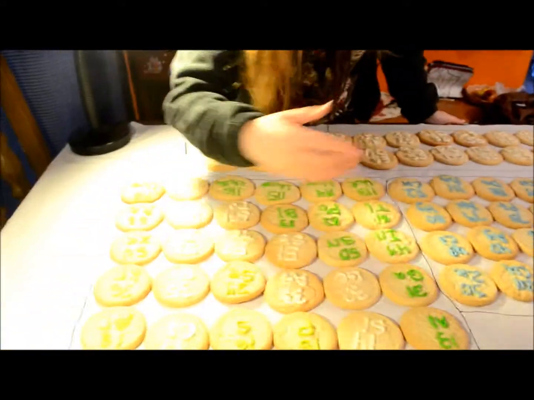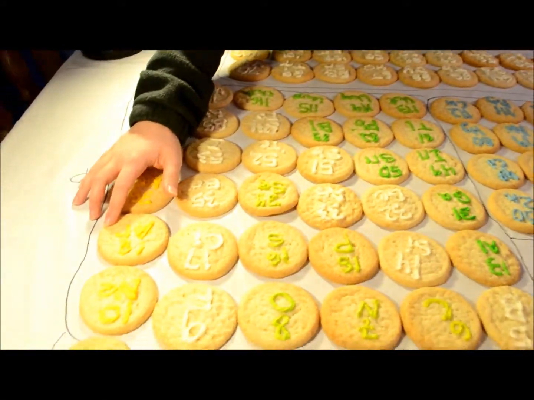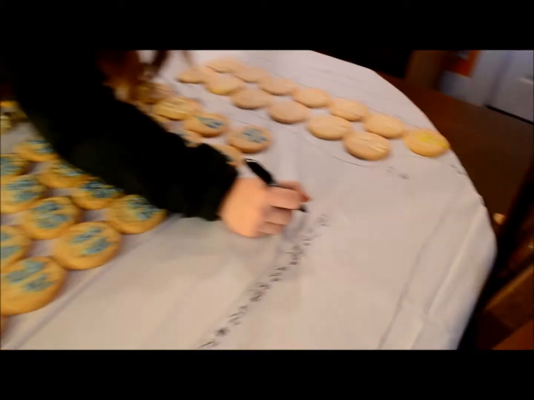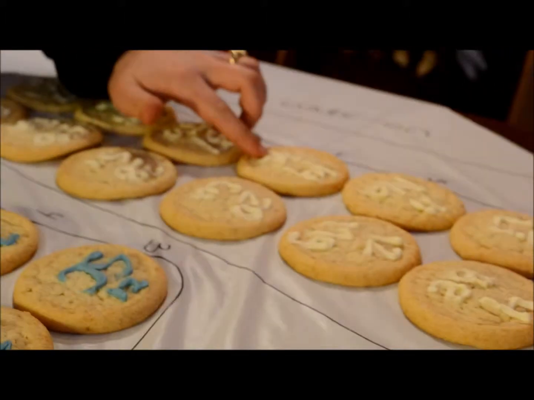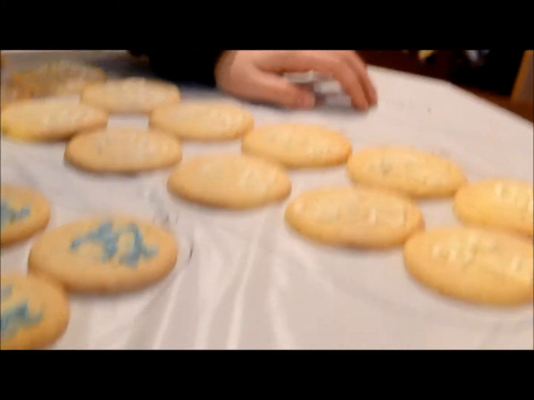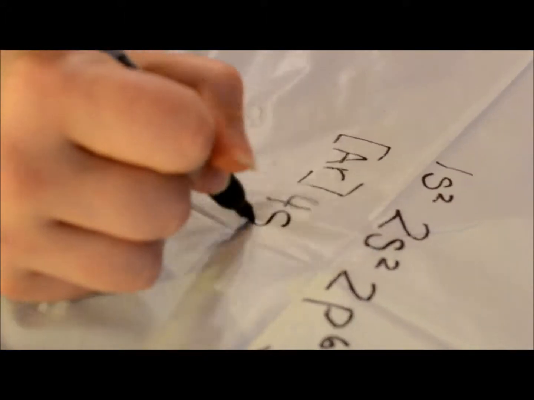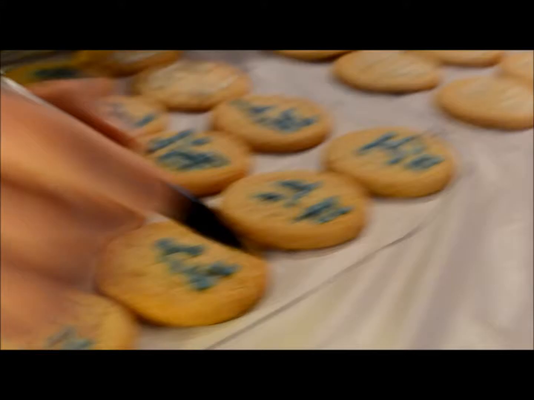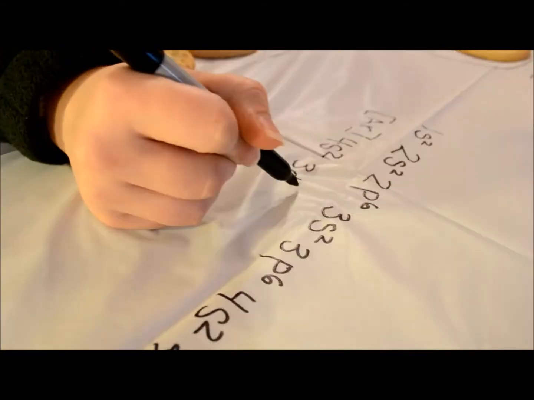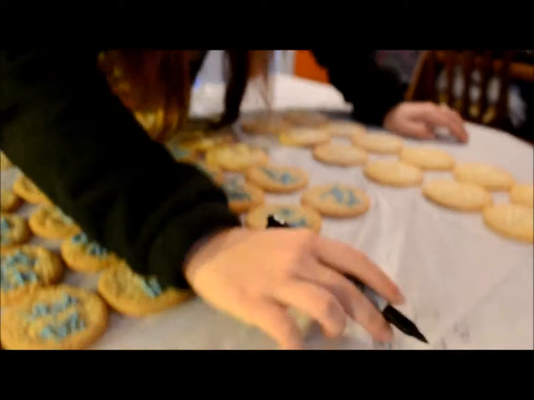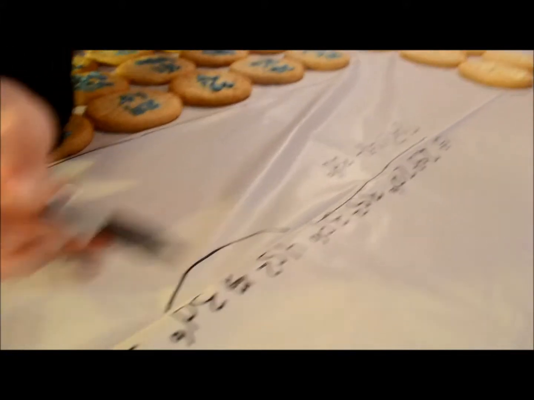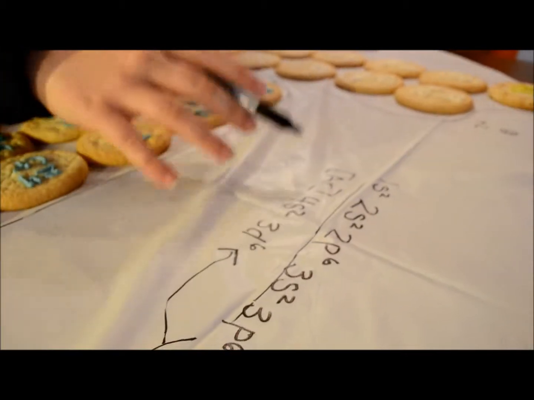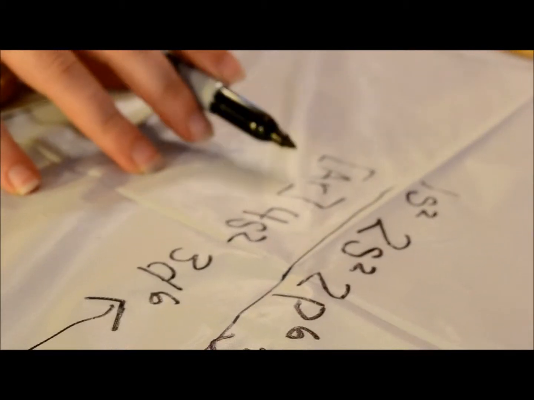So say you're finding iron again, you'd write argon, Ar, in little brackets, and then you'd write 4S2, and then 3D6. So it's the same as this, except you're pretty much just crossing out all this and putting it here, because you don't have to write it again if you state the noble gas that's before it.